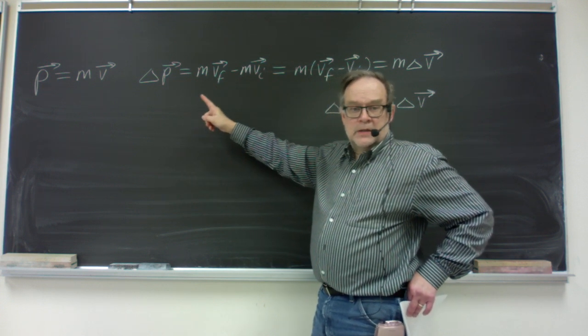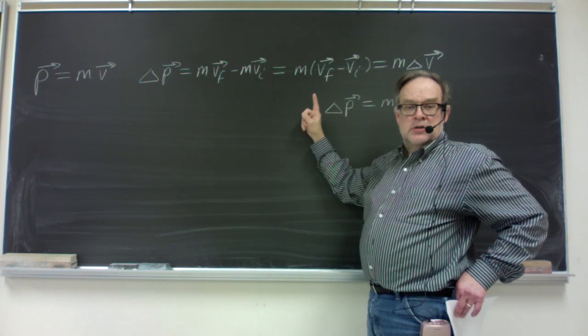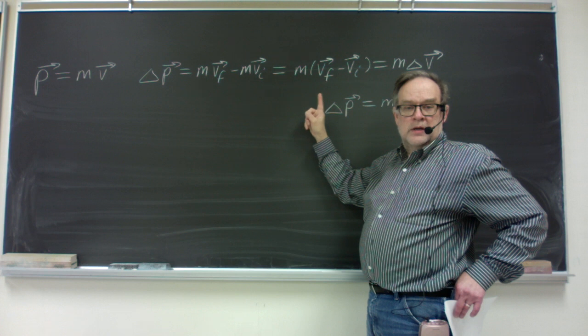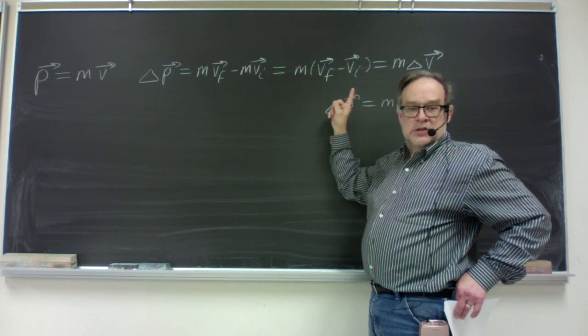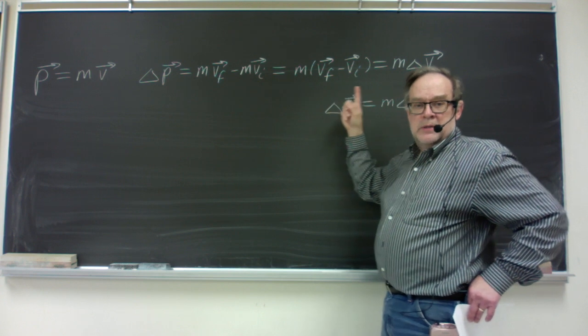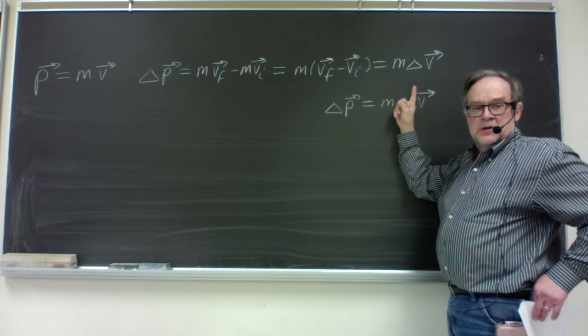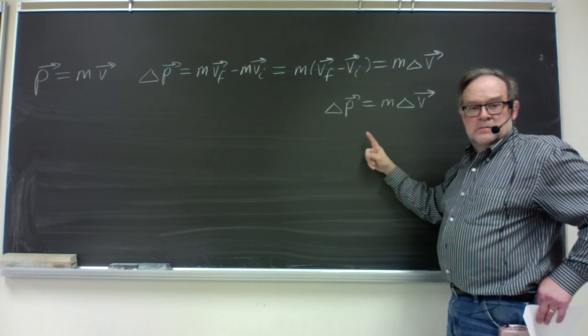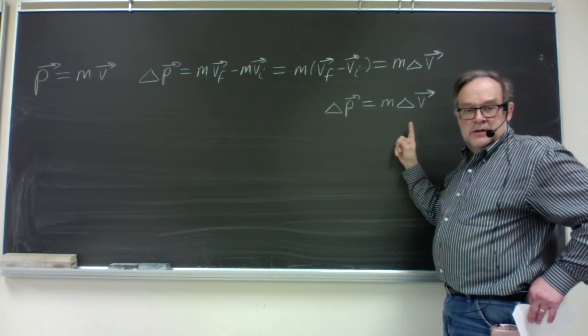So collect the mass terms, and then I've got mass times the quantity final velocity minus initial velocity, but final minus initial is always what we mean by the change in something. So change in momentum is just mass times change in velocity.